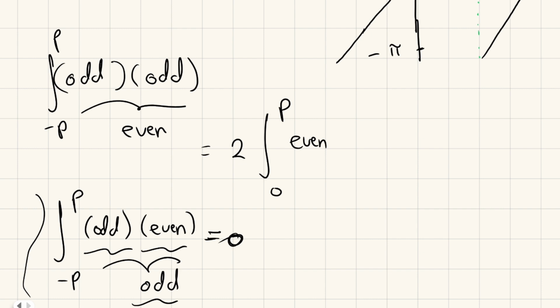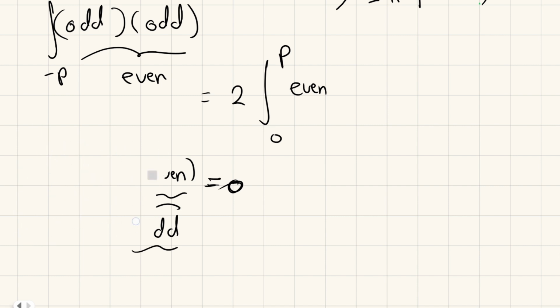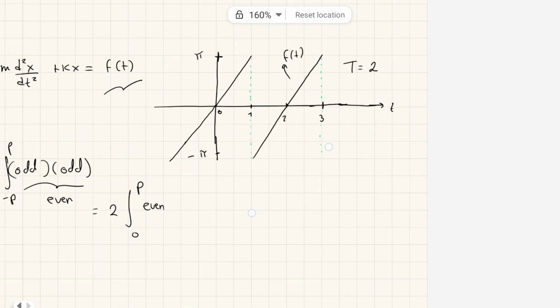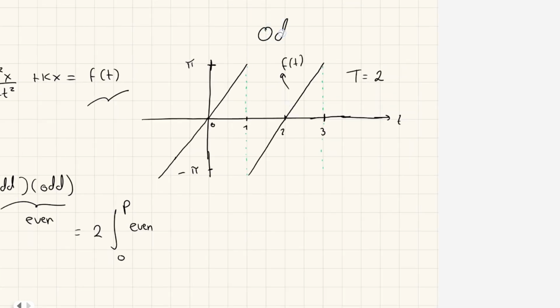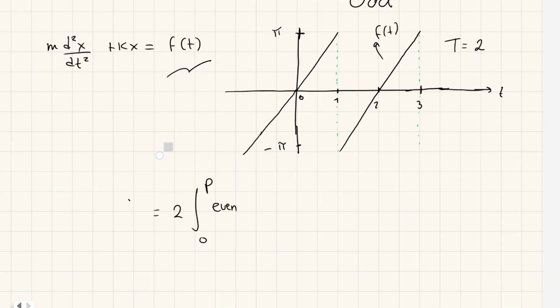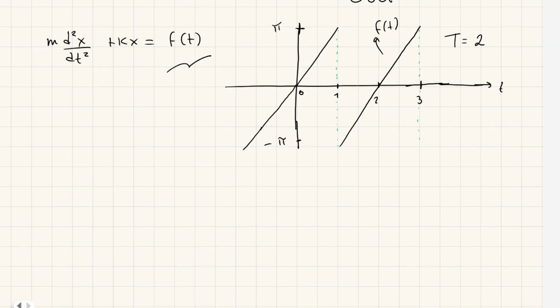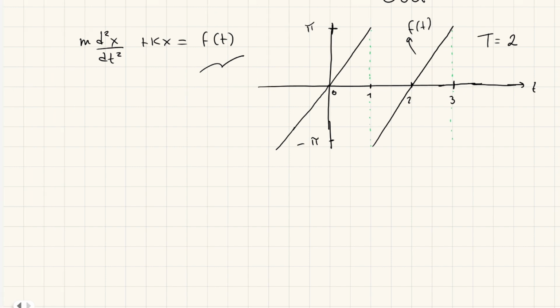That is going to be the only Euler-Fourier equation that survives in this case, because we are dealing with an odd function. Perfect. So to find the Fourier series of f of t, we just need to use one of the Euler-Fourier equations.